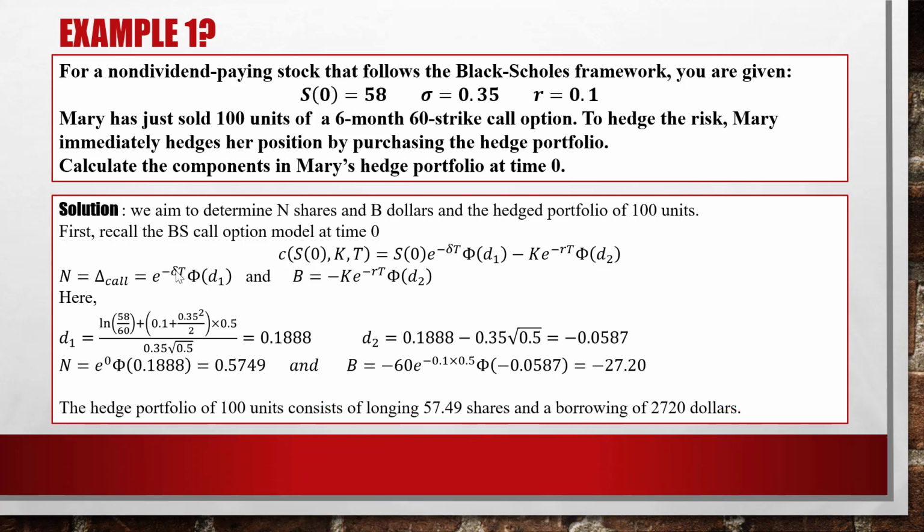So we got the hedged portfolio of 100 units consists of long 57.49 shares and borrowing $27.20. Just have to times 100.